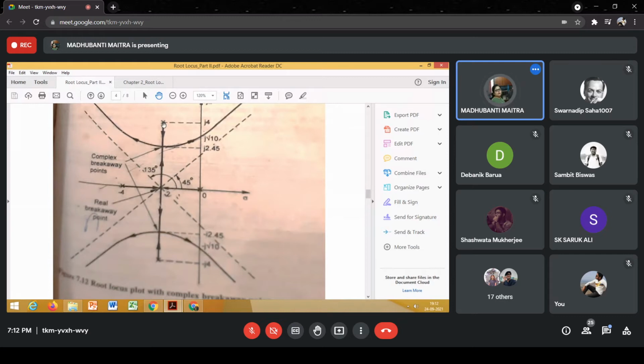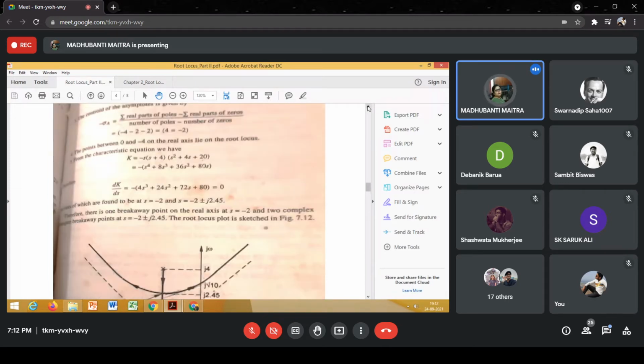So the third root branch will originate from this open loop pole, and the fourth one will originate from this open loop pole, right? So these two real root branches will approach each other and they will meet at this particular point, which is minus 2, one root, the real root of the equation dK/ds equal to 0.